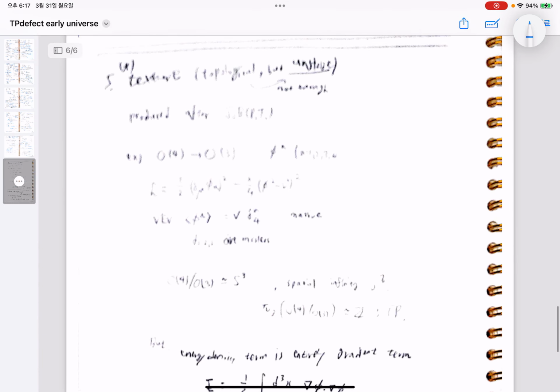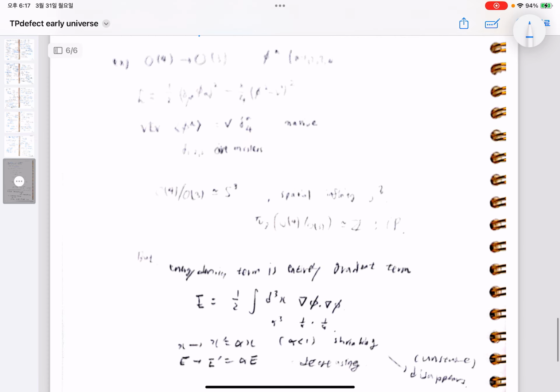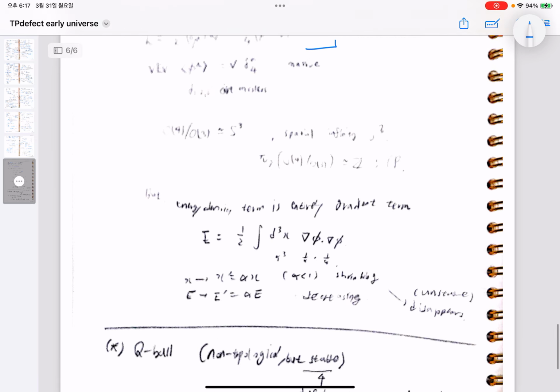The final remarks: there is a texture, which is topological but unstable. This is also produced after the spontaneous symmetry breaking of the global symmetry with such a Lagrangian. And because the energy density is entirely the gradient term, this allows the rho axis to be replaced by the alpha axis with a small alpha.